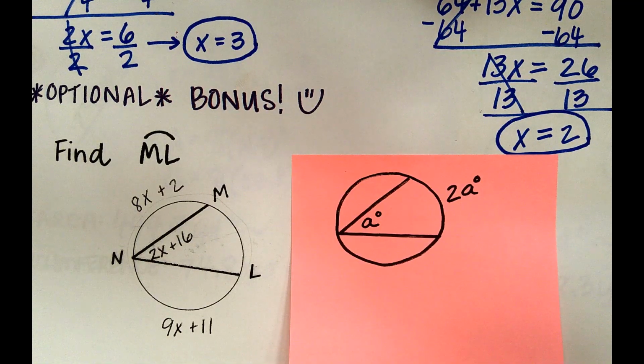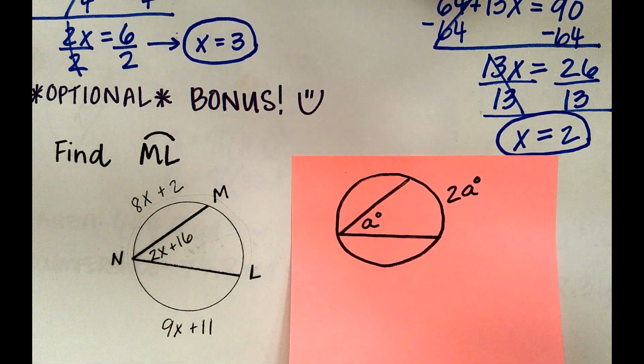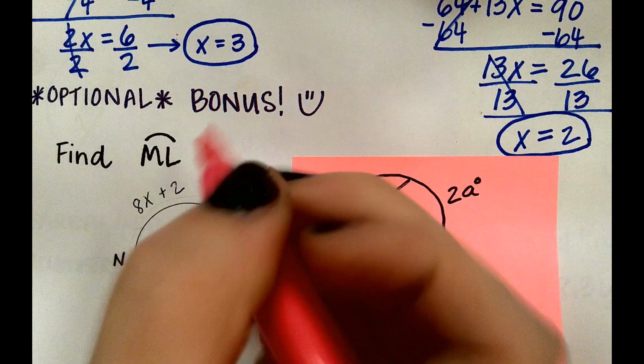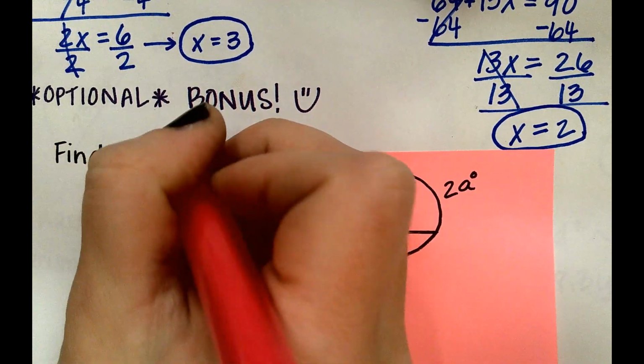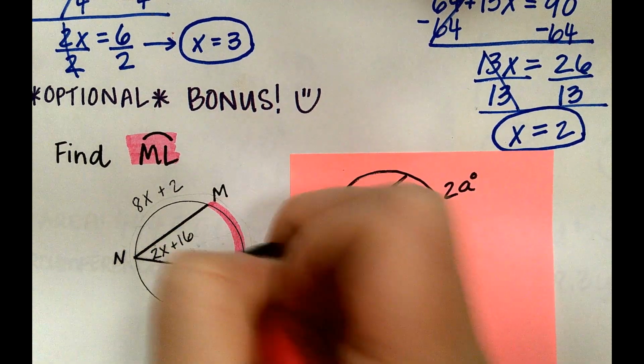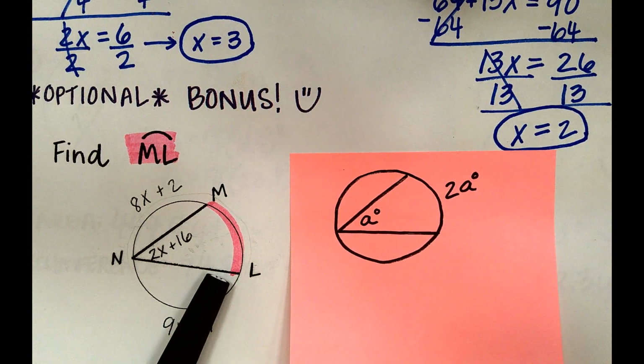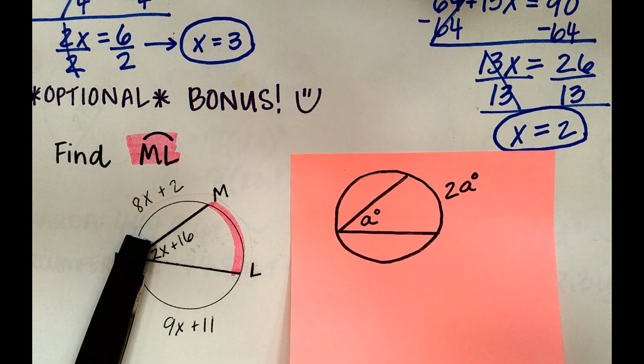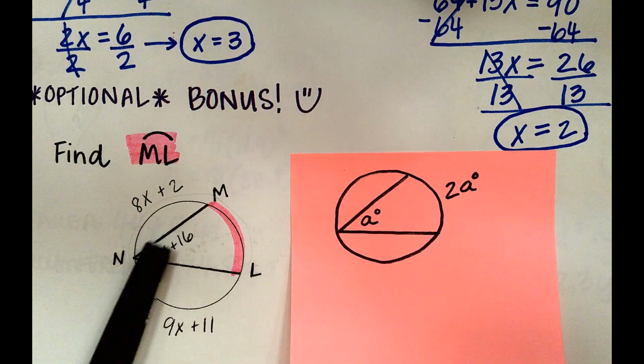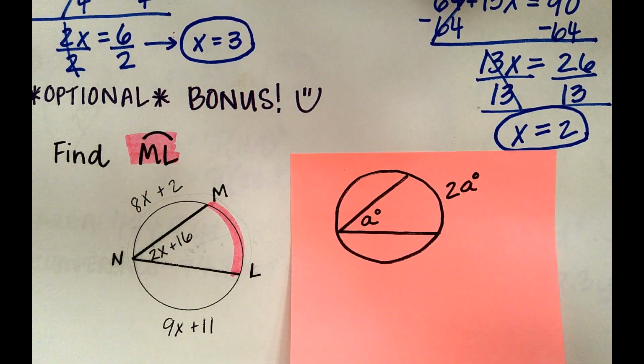Now, we are trying to find ML, the arc right here. There's no measure on it, but there is a measure here. So you would put 2 parentheses 2x plus.